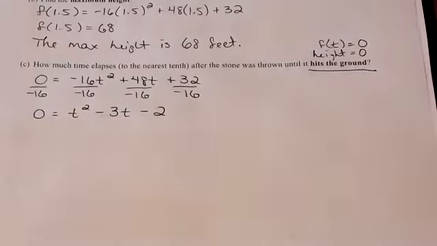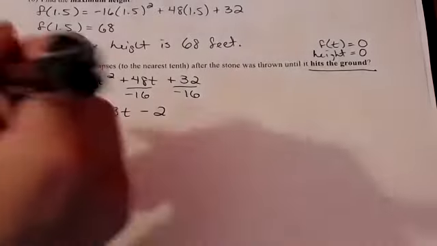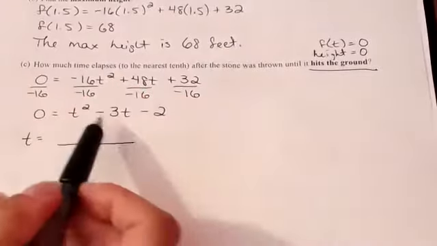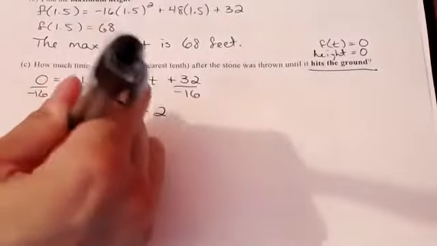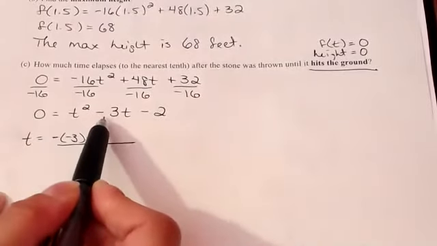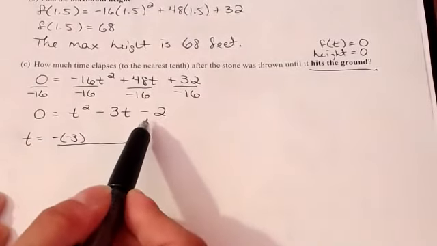My advice to you, definitely use the quadratic formula. Let's do it. So t is equal to negative b. Remember, you're using this equation here. A is 1, b is -3, c is -2.